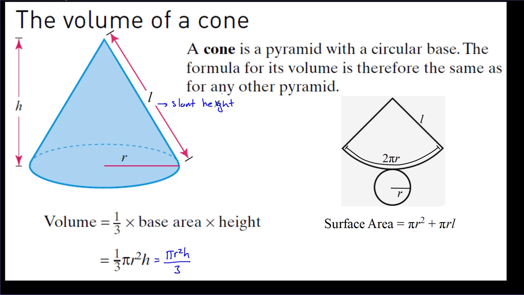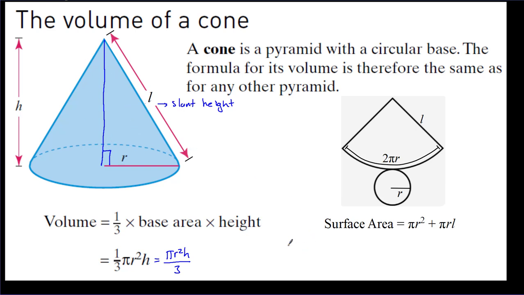Firstly, I need to remind you about one more detail here. As you see, when you have the height from here, if we get the height downward, the height of the cone, the slant height and the radius of the cone get one right triangle.